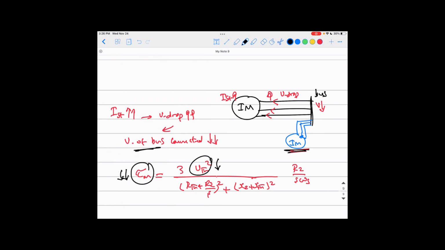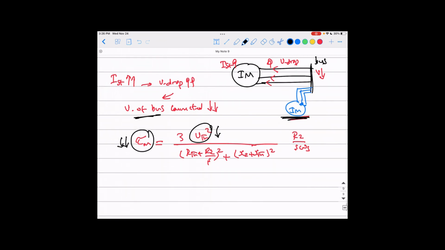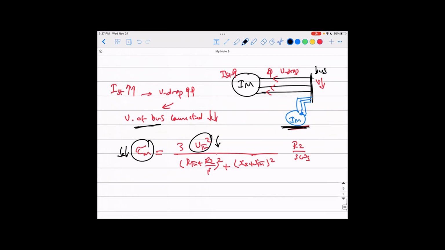But this is not permitted because all these devices will have a protection. So this protection of the other motor will actually trip the motor from the bus. See what is happening here? So your motor has taken a high amount of current at the beginning, which may cause other motors connected to the same bus at other facilities to be forced to trip, forced to be disconnected, because the voltage going to them is very small, because your motor is taking a very high amount of current, which makes a very high voltage drop.